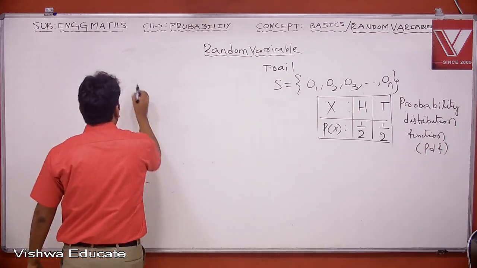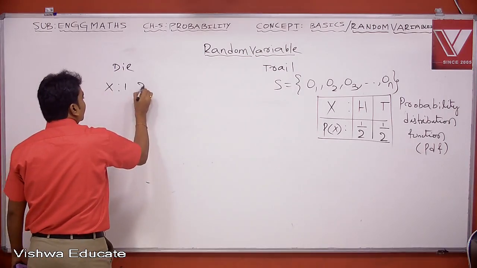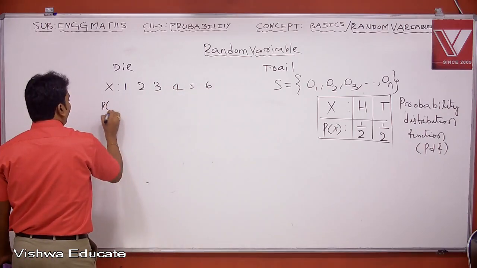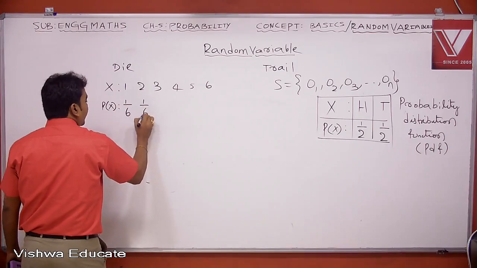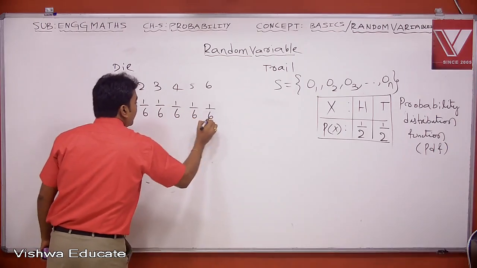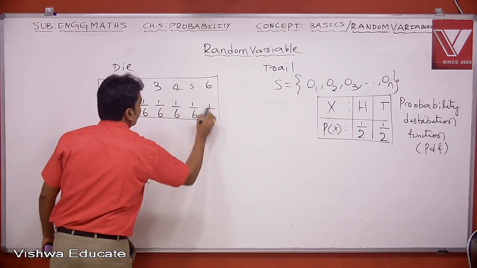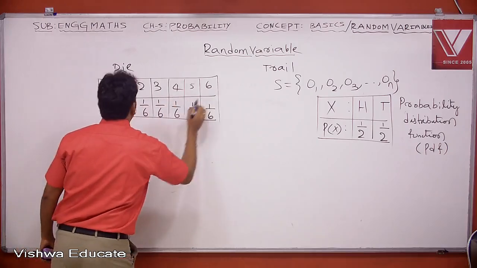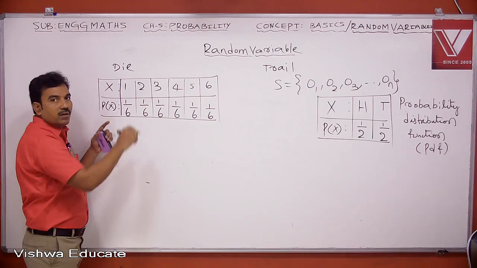Suppose when you look at a die, the random variable x will be like this. So it may take 1, 2, 3, 4, 5, 6. The corresponding probabilities will be like this. Probability of getting 1 is 1 by 6. Getting 2, 1 by 6. So 1 by 6 for all sample points. Now in this case, the random variable x is taking all sample points.